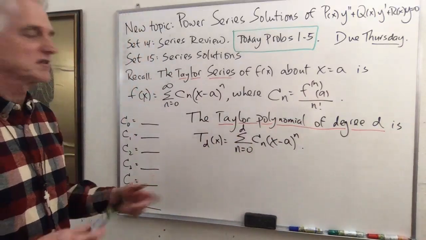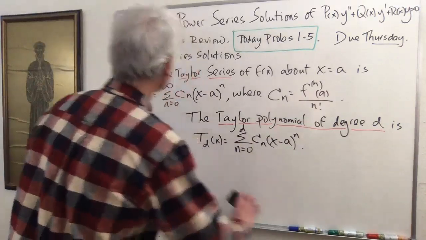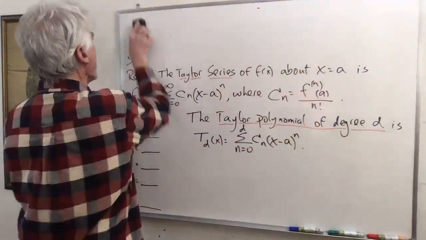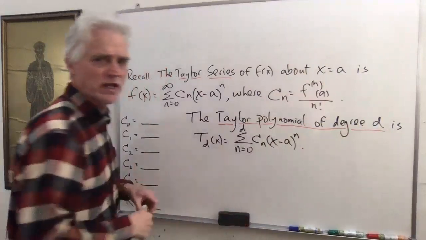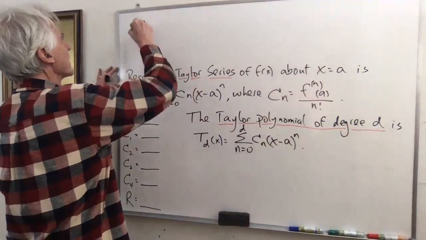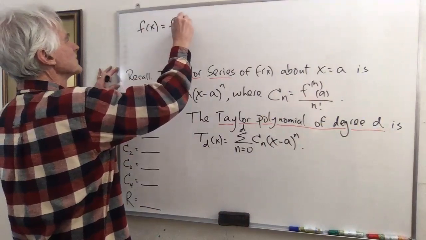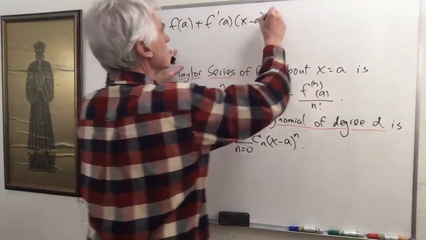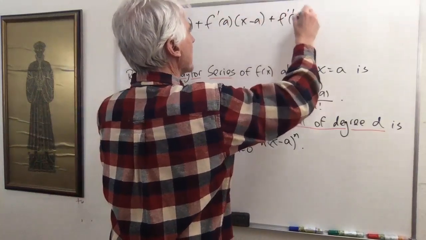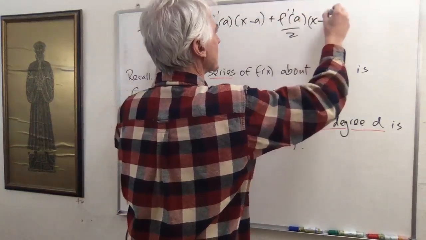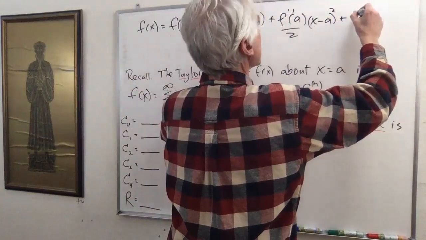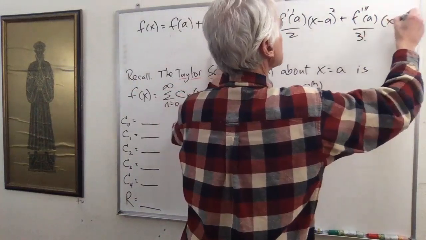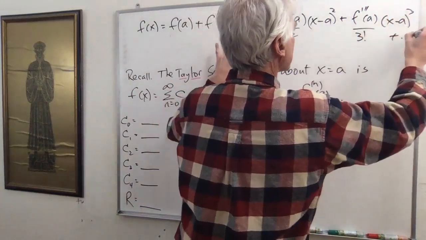Okay, we'll do some examples of that. Let me rewrite this and summarize it in a way that we often use: f of x is f of a plus f prime of a times x minus a plus f double prime of a over 2 times x minus a squared plus f triple prime evaluated at a over 3 factorial times x minus a cubed plus dot dot dot.